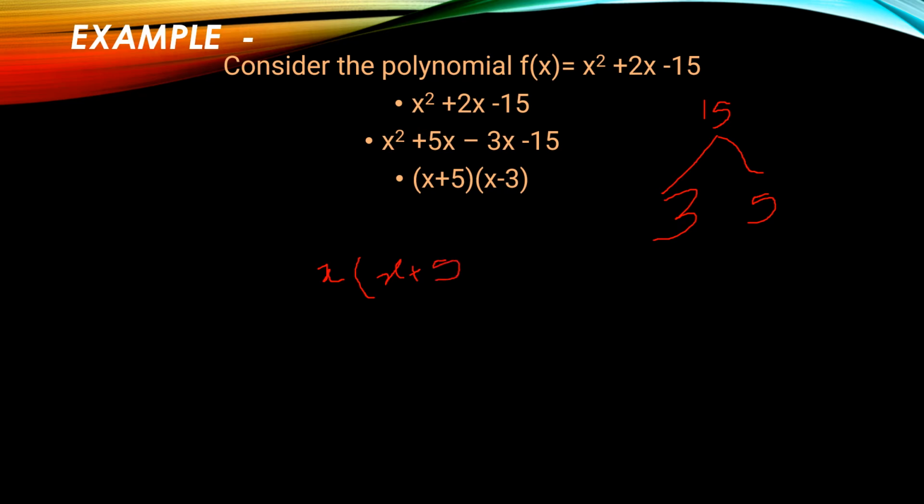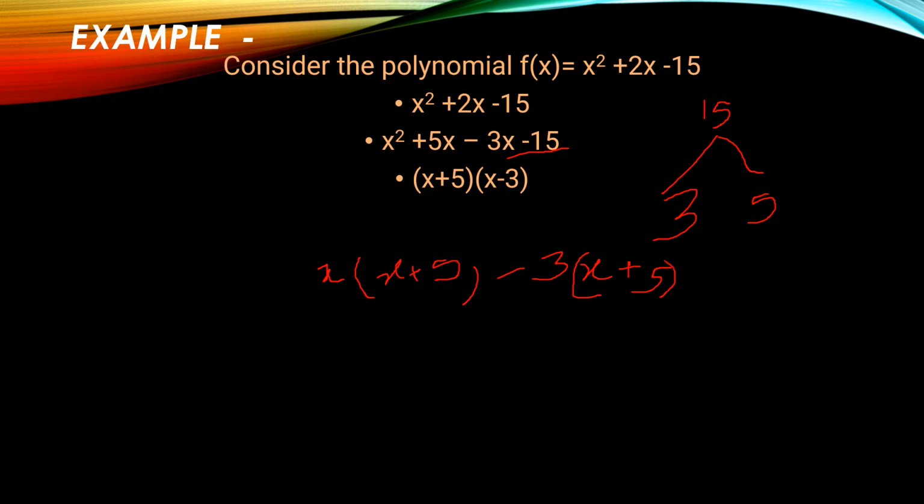When we take common from the last two terms, this will be −3. The remainders inside will be x, and the minus sign will become positive, x + 5.